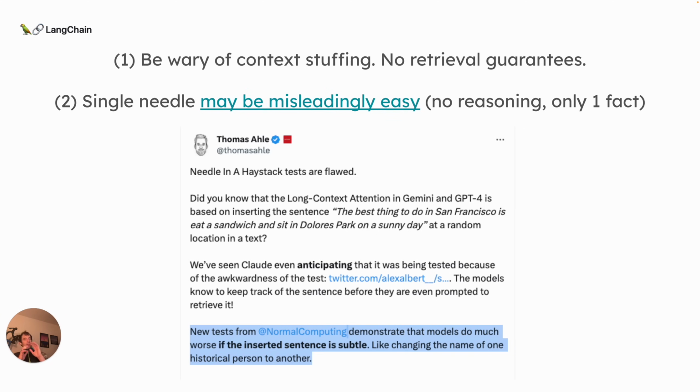And so that may be an interesting artifact. They note that, indeed, if the needle is more subtle, retrieval is worse. So I think basically when you see these really strong performing needle in the haystack analyses put up by model providers, you should be skeptical. You shouldn't necessarily assume that you're going to get high quality retrieval from these long context LLMs for numerous reasons.